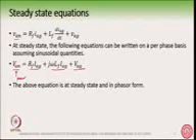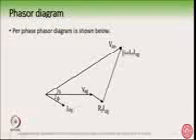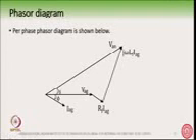This is a very well-known phasor equation to all of us. We have studied this in basic electrical engineering, and we can draw the phasor diagram very conveniently. We assume that there is a VAG voltage and a current IAG which is lagging the voltage. The grid voltage is taken as the reference and the grid current is lagging by angle phi. So RF IAG comes here in phase with IAG, and j omega is the rotating operator.